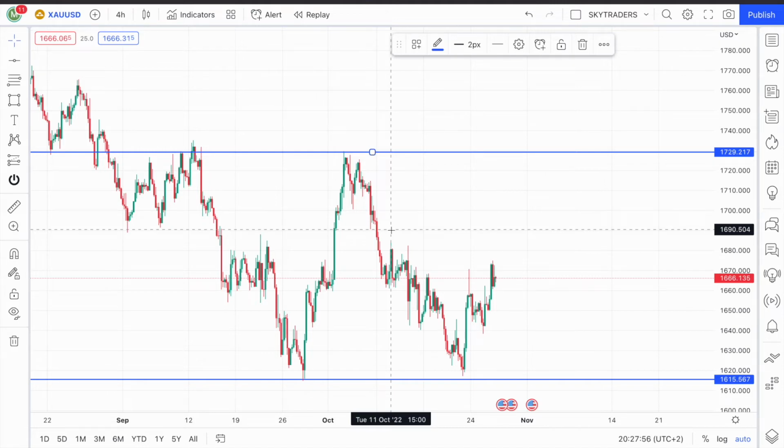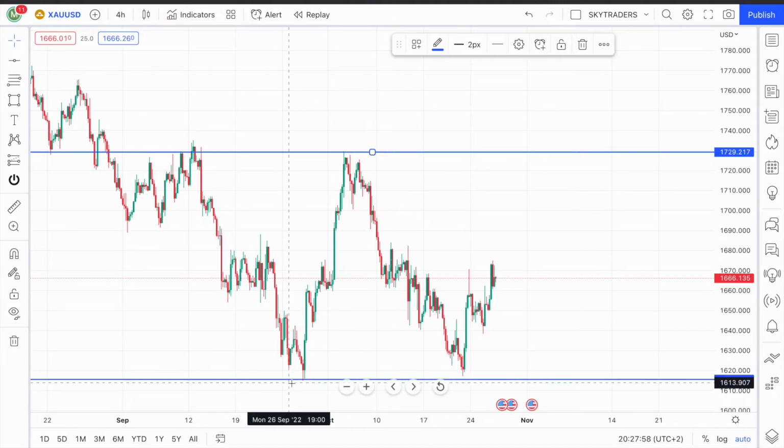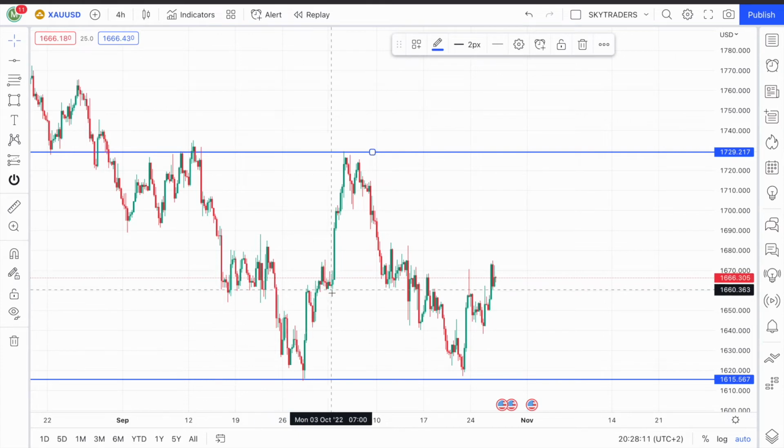For example, when we are here, price is making a high pressure buy candle, breaking the market structure, placing a lot of buy orders. Retracement, trying to target these liquidity pools, and then rejection. Breaking the market structure, retracement, rejection. Breaking the market structure, a lot of buy orders are being placed.